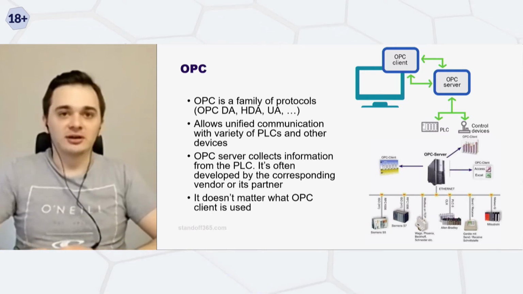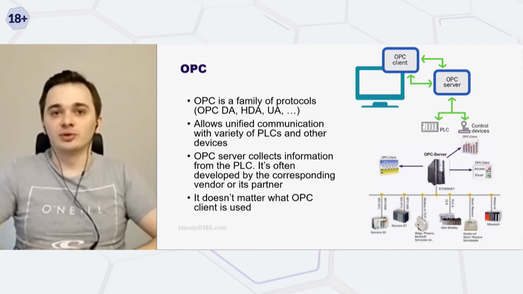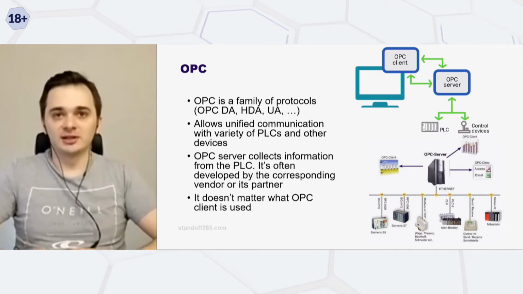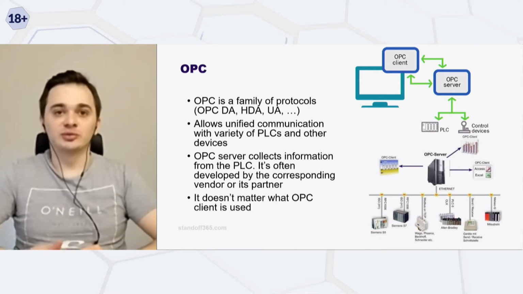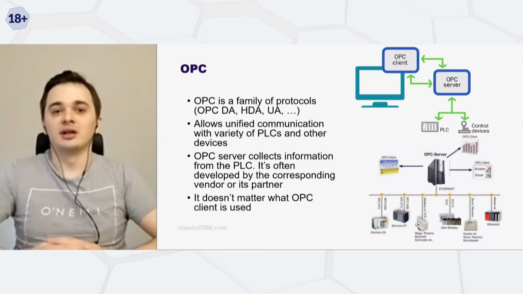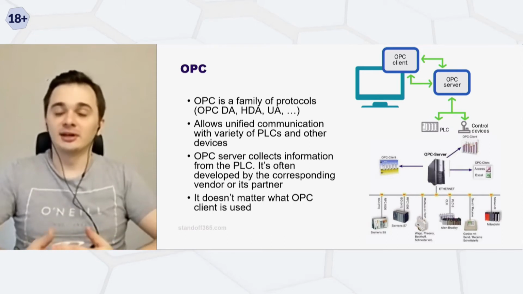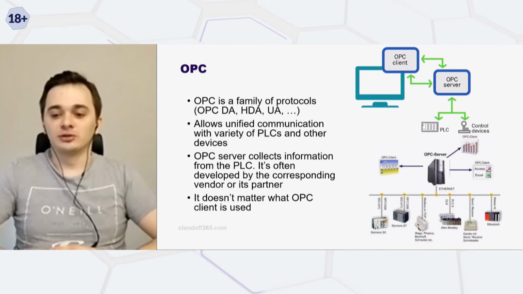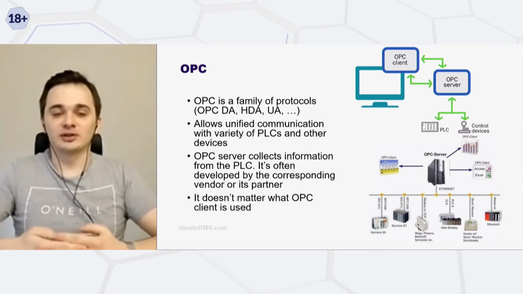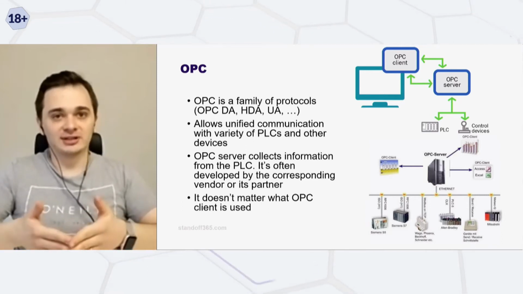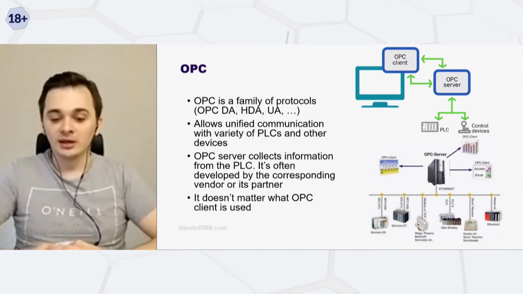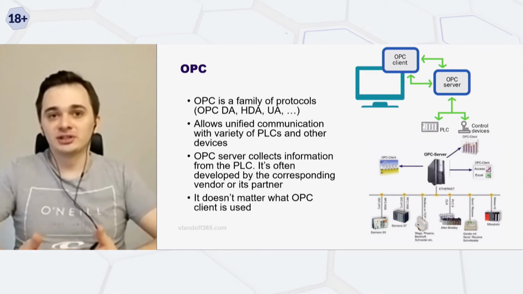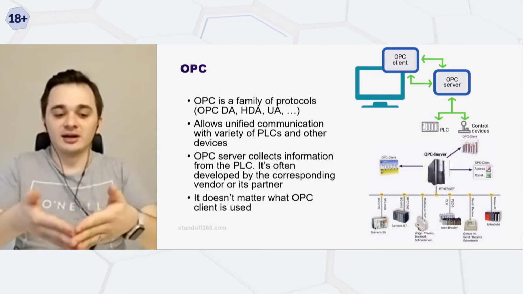The SCADA system comes from yet a third party. Maybe it's not a PLC vendor, but some third party's SCADA. And we were saying that management also needs access to this data, and probably the information that collects that kind of data will come from yet another provider.